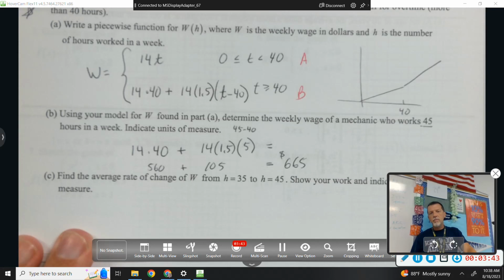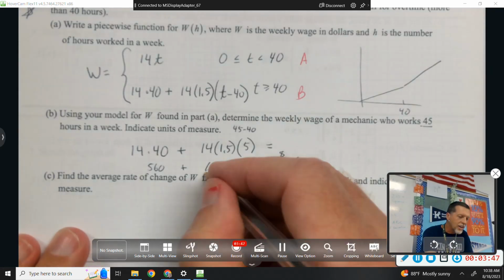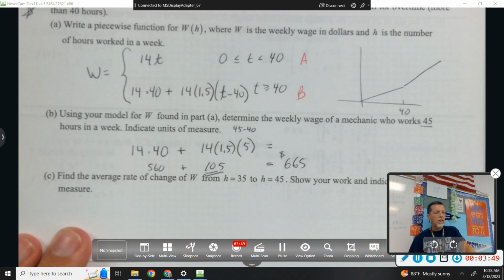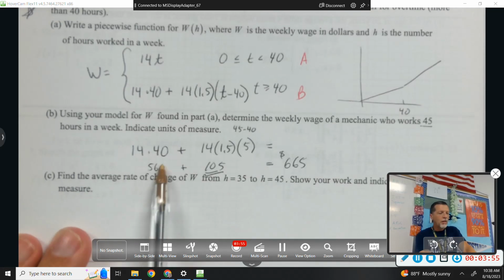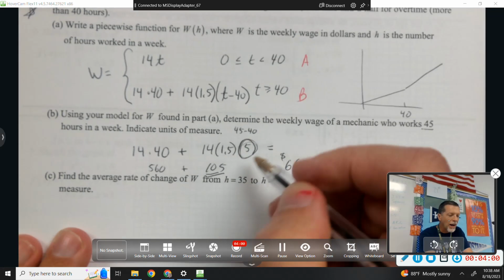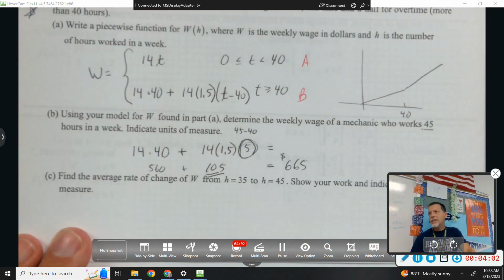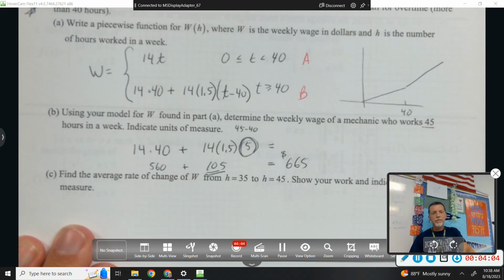So he made 560 on his regular work week, and then he made 105 extra. And again, if you get a chance to work overtime, it's great. He worked for 40 hours, he got 560 bucks. And then he only had to work 5 more hours to get another $100 because his rate went up so much.